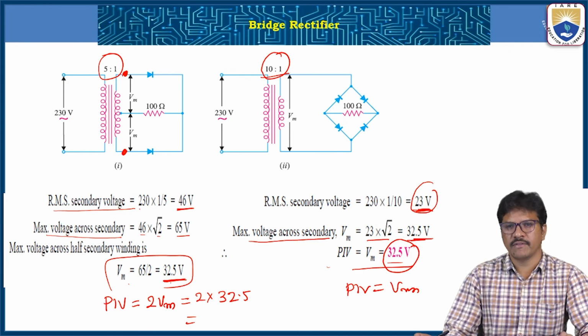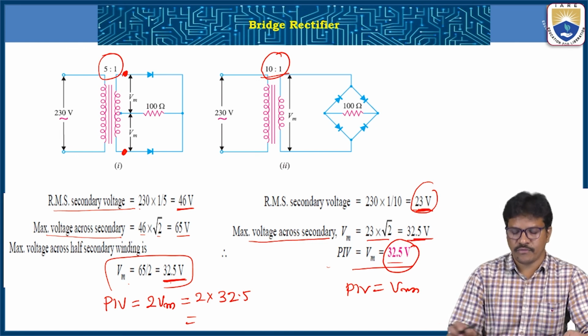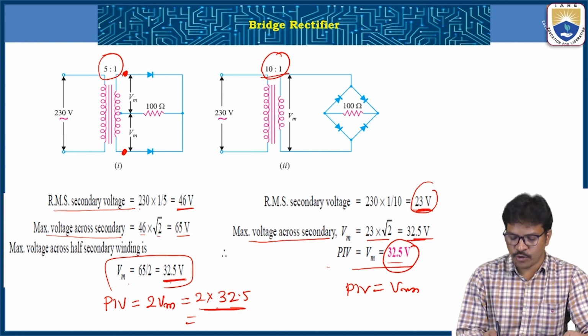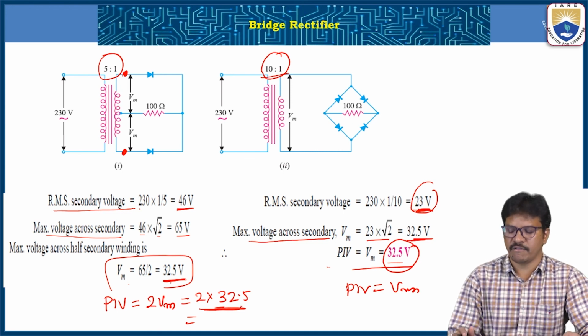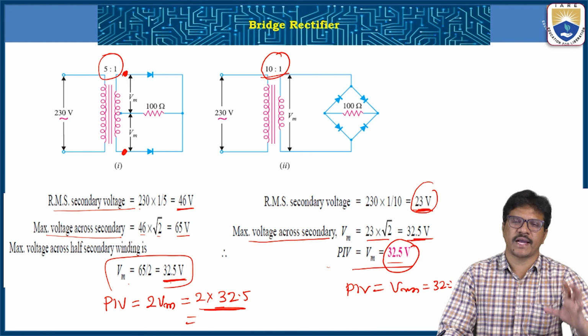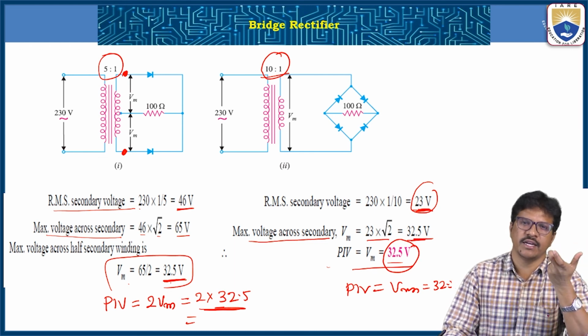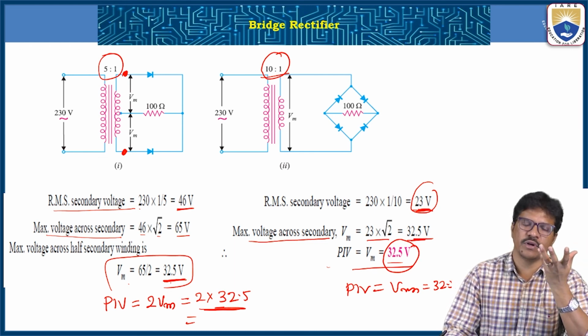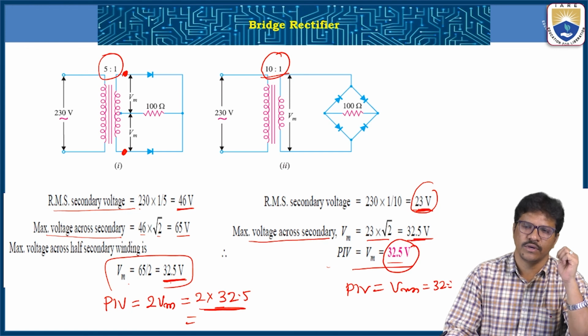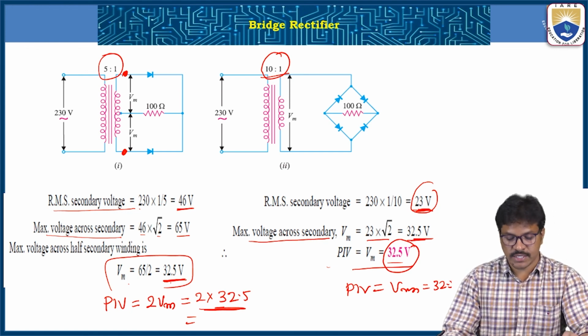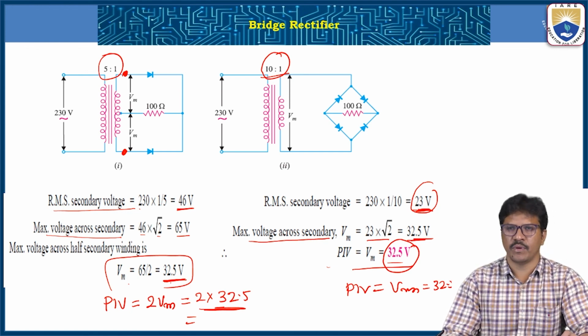But the peak inverse voltage across the full wave rectifier is double that. In the bridge rectifier it is Vm, 32.5 only, whereas in the full wave rectifier you will get 2 into 32.5. That much maximum inverse voltage across the diode means it bears that voltage. So peak inverse voltage is different in this example.